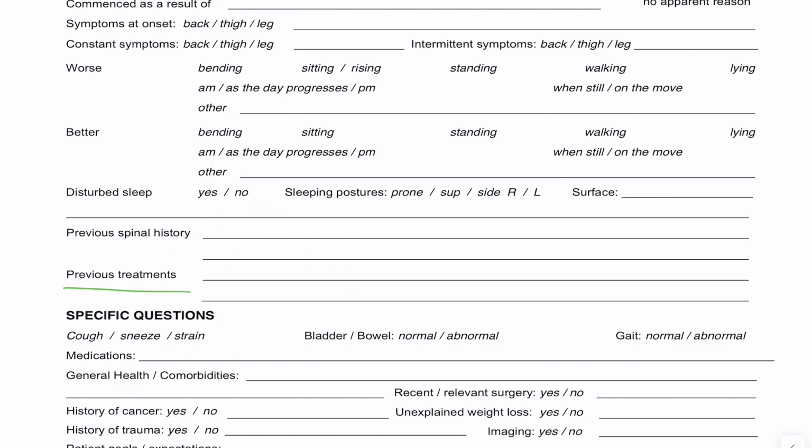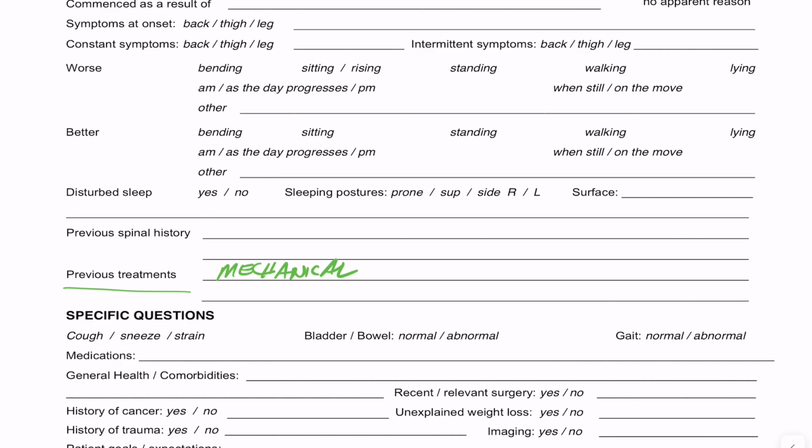Previous treatments, this can help you. Somebody came in saying, oh yeah, I've been seeing the chiropractor and I get an adjustment and it feels a lot better for a few days or whatever it may be. Well, that already tells me that this is a mechanical problem, most likely, because red flag problems aren't going to feel better for 2 weeks after a manipulation.